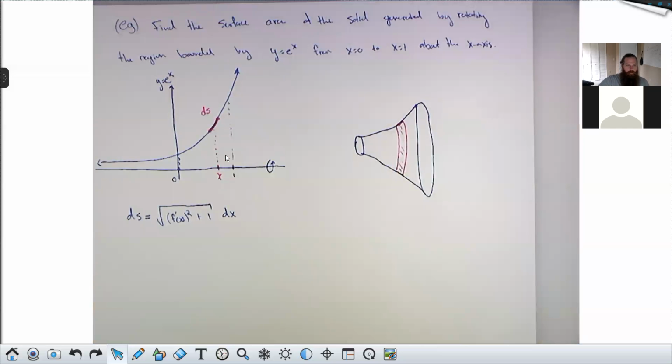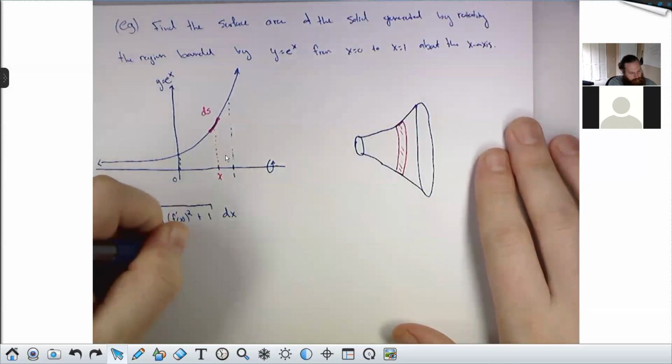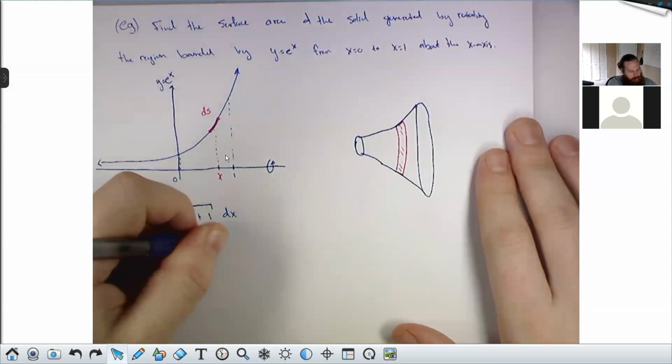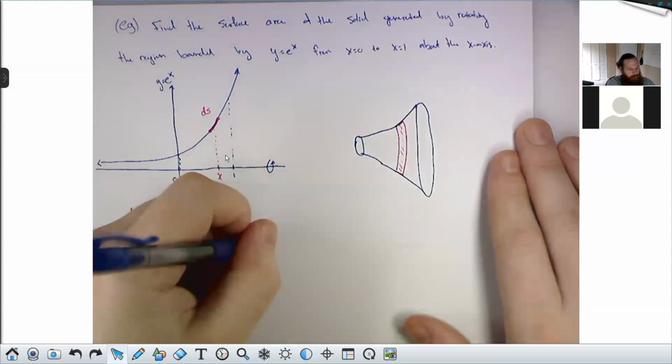So here, f of x is e to the x, which means f primed is e to the x, which means this is the square root of e to the x squared plus 1 times dx.